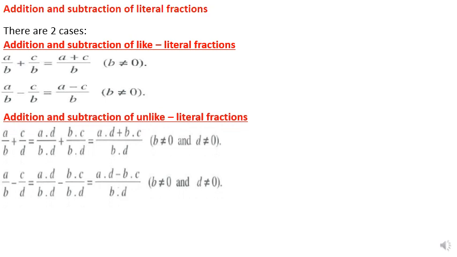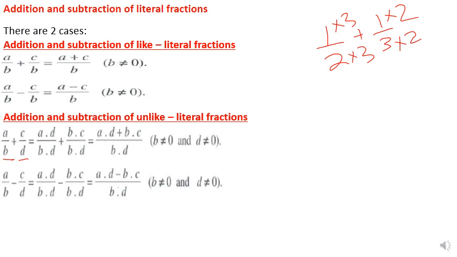As we used to do in numbers, let me just remind you of something. If you have, for example, 1 over 2 plus 1 over 3, these are unlike fractions. So I multiply this fraction by 3 and this fraction by 2. The same thing here we are going to do. I have in the denominators b and d, so I'm going to multiply b by d and d by b.